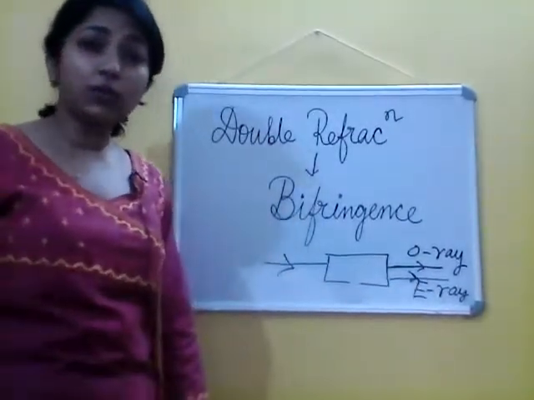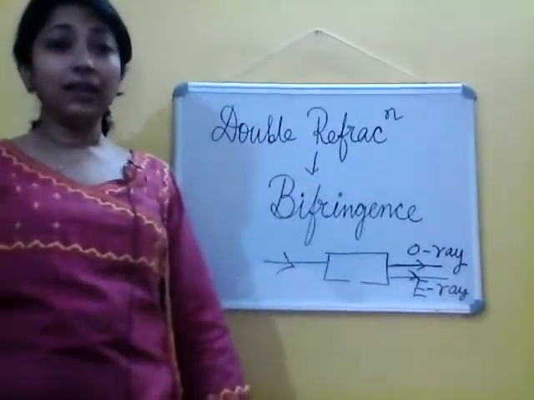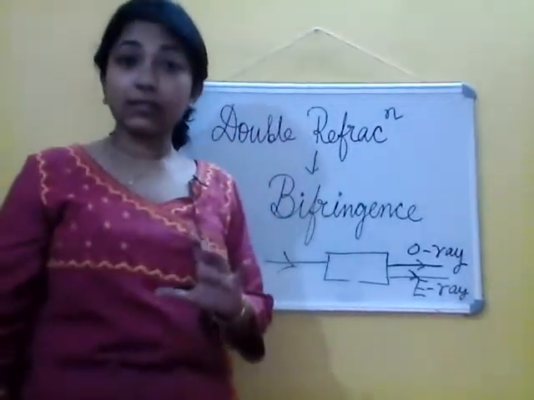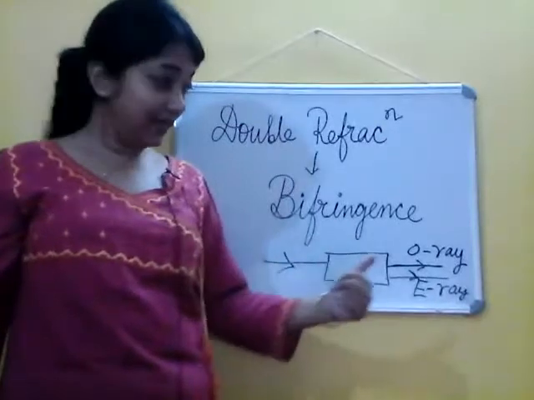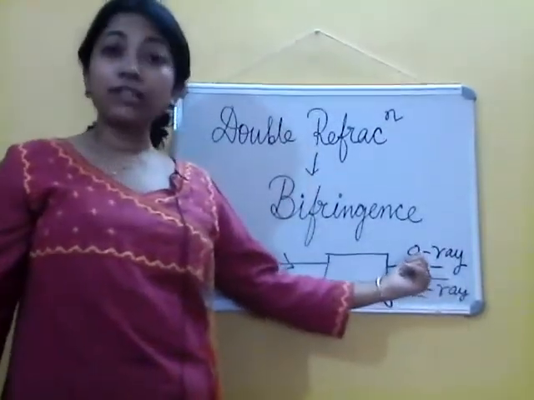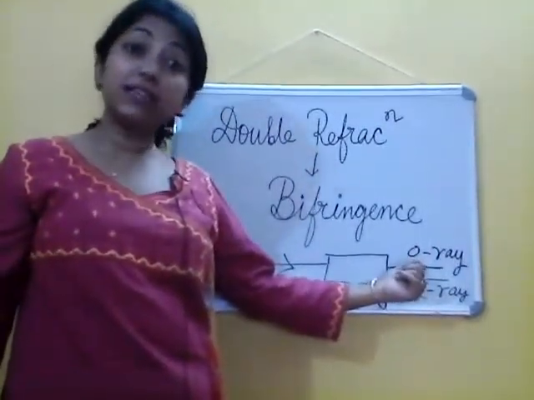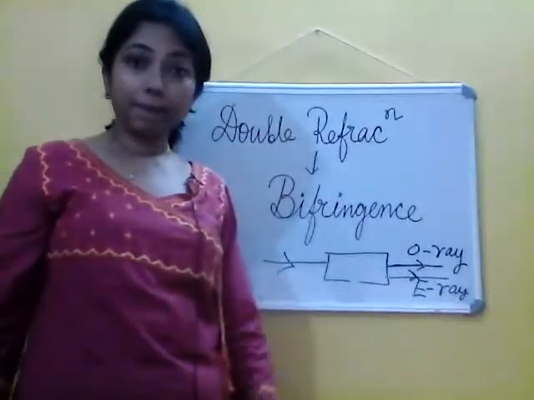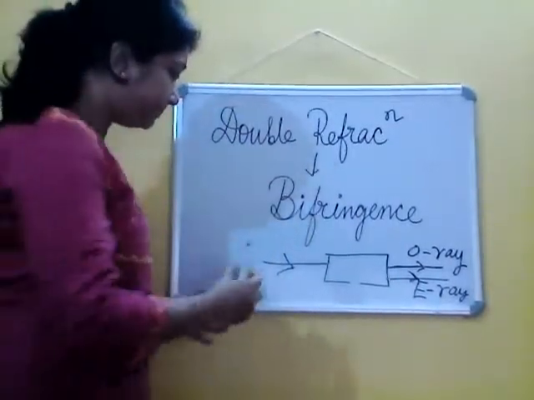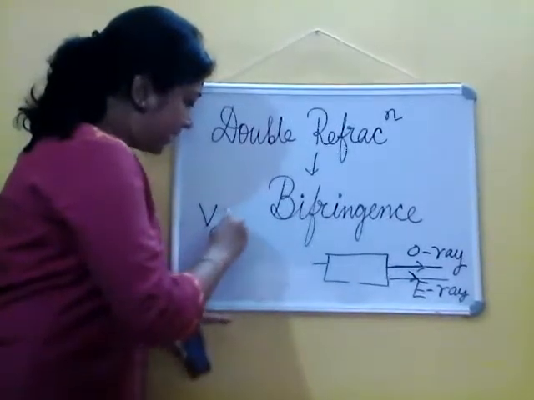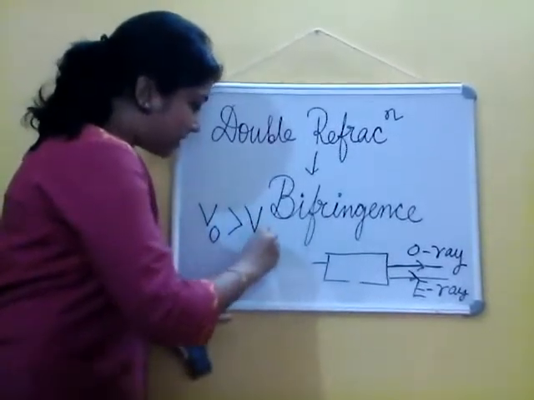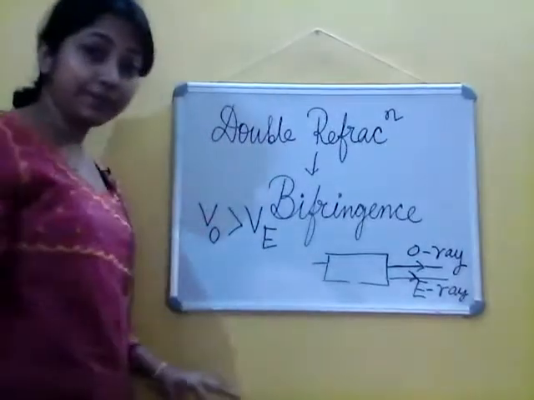Now it has been noted that in some crystals, when we use that particular crystal to polarize light, the velocity of the O ray exceeds the velocity of the E ray. Are you following me? The velocity of the O ray is greater than the velocity of the E ray.